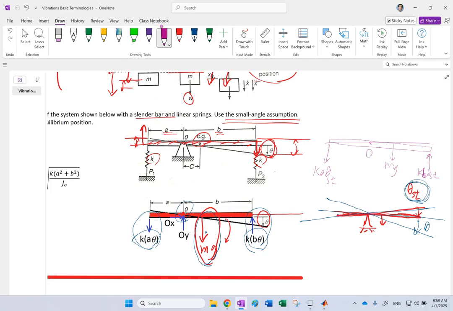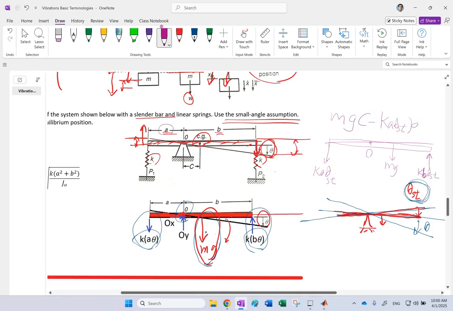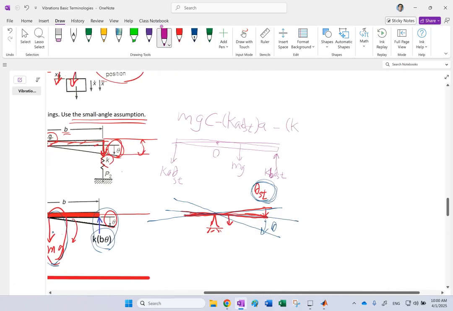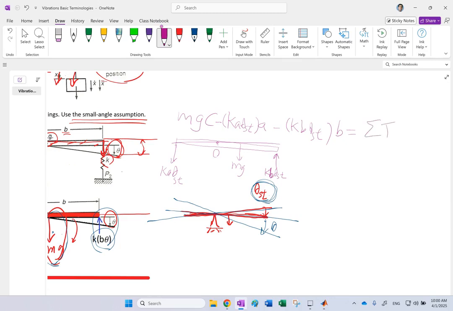So basically, mg times distance c, minus K_A theta static, that's the force, times the distance, which is A, and then minus this force, K_B theta static, times the distance, which is B, was equal to the sum of the torque about point O, and it was 0 in the beginning.